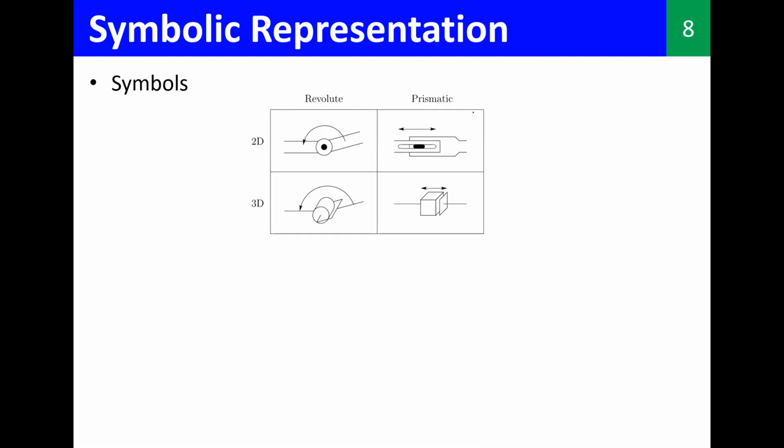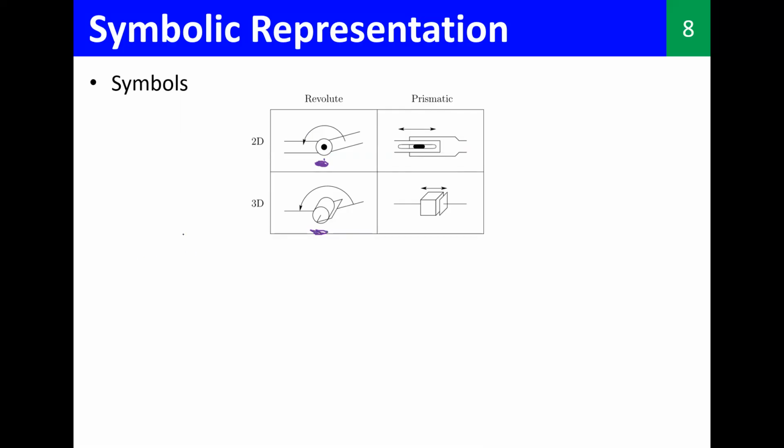Now, when we draw robotic manipulators on paper, we should have some symbols to represent, particularly, the joints. Okay, so in 2D, as you can see in this table also, we can use this kind of symbol here to show a 2D revolute joint. And in 3D, it is pretty understandable, right?